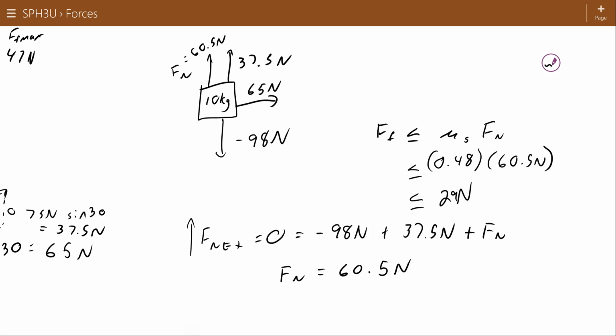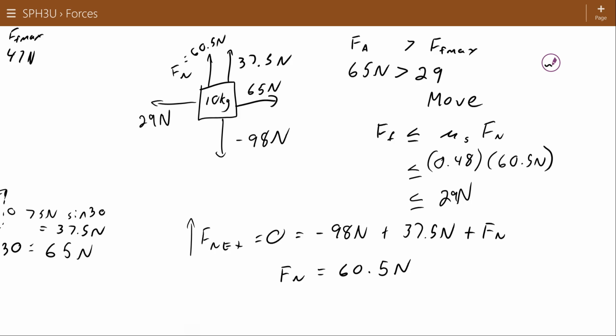So the biggest force of friction that can resist this pull is 29 newtons. But I'm pulling with 65 newtons. So since my force applied is greater than my maximum force of static friction, my object will move.